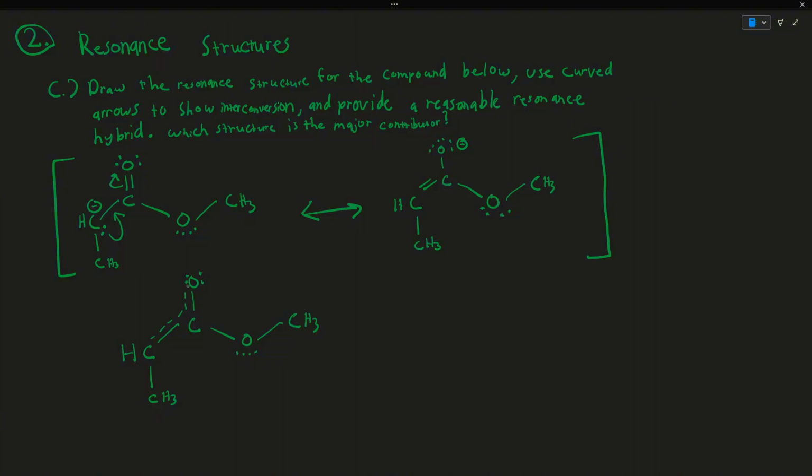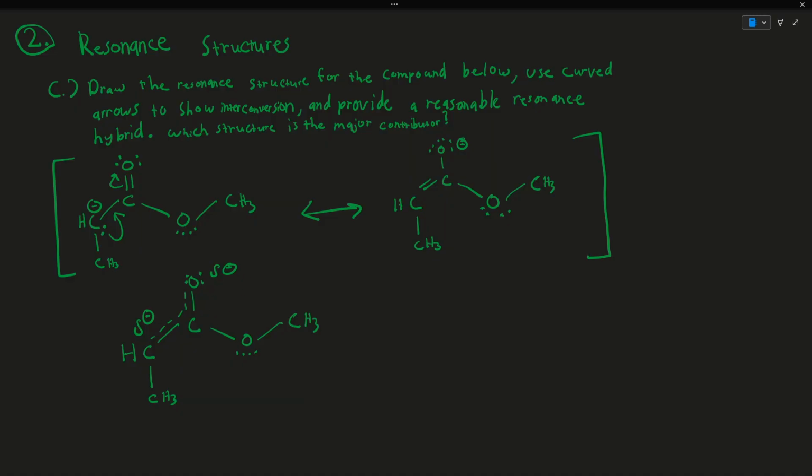And so that's how the resonance hybrid would look for this compound. And then also don't forget to show the partial charges. So we see that carbon goes from negative charge to neutral, so that means it has a partial negative charge. And then the oxygen goes from neutral to negative, so it also has a partial negative charge. And that's the resonance hybrid.